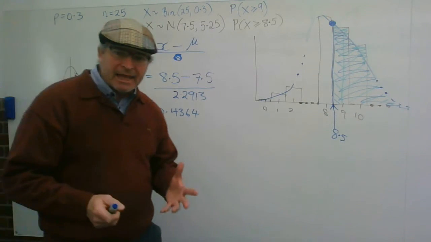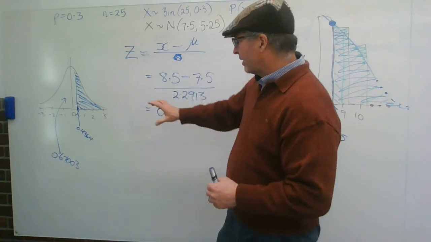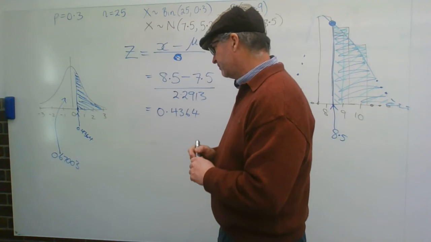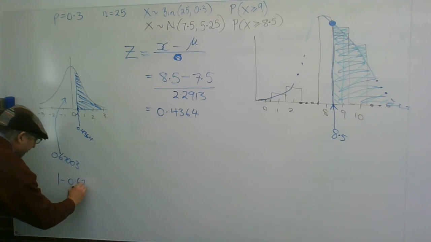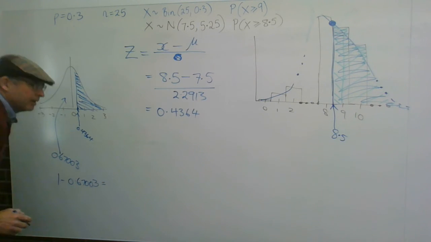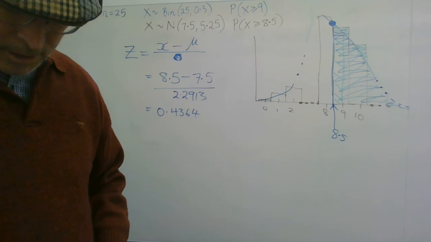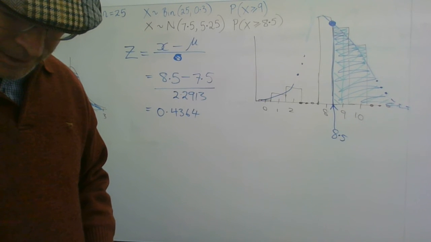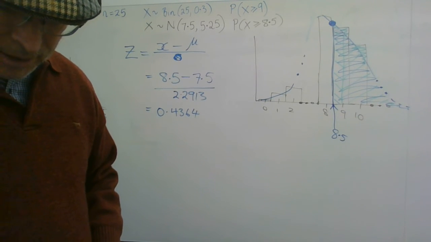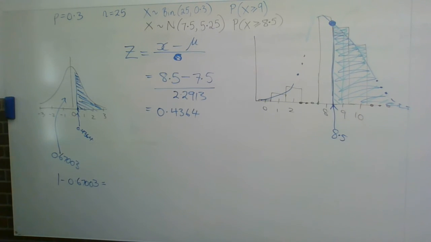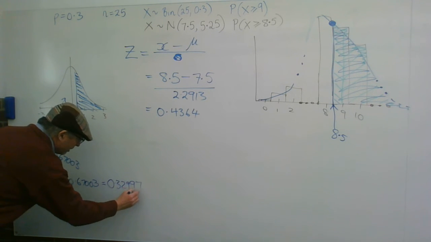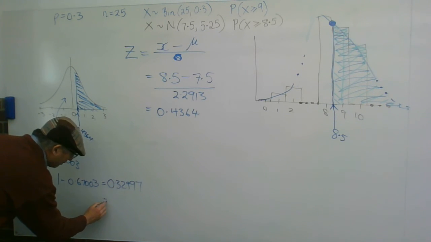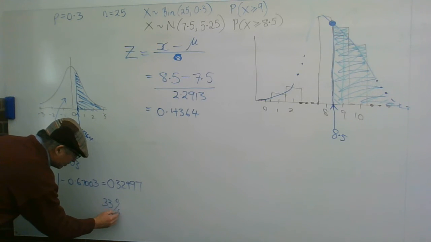That means my answer is 1 minus that, so I can find the actual area I want. 1 minus 0.67003 is 0.32997, which is about a 33% chance.